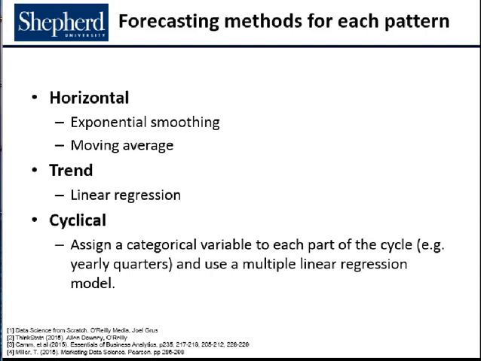Sometimes if we have a non-linear set of values, we can actually transform them into a linear. So for example, if we see something that's increasing exponentially, we can use a log function on that and create a linear regression on the logs of that exponential series.